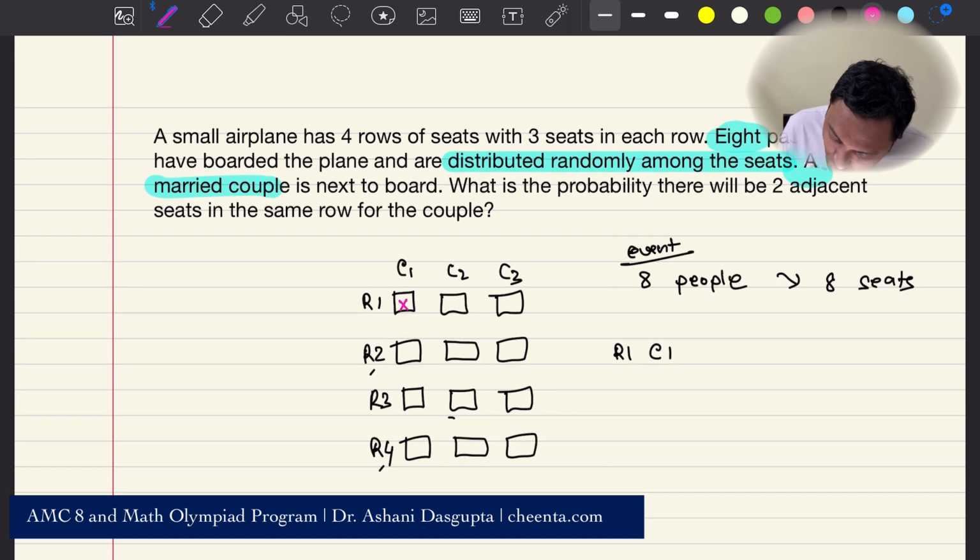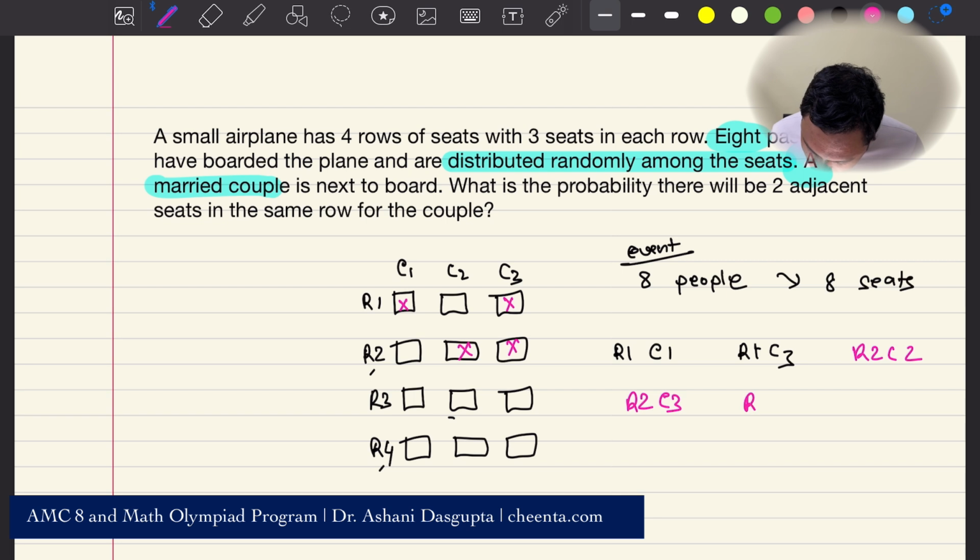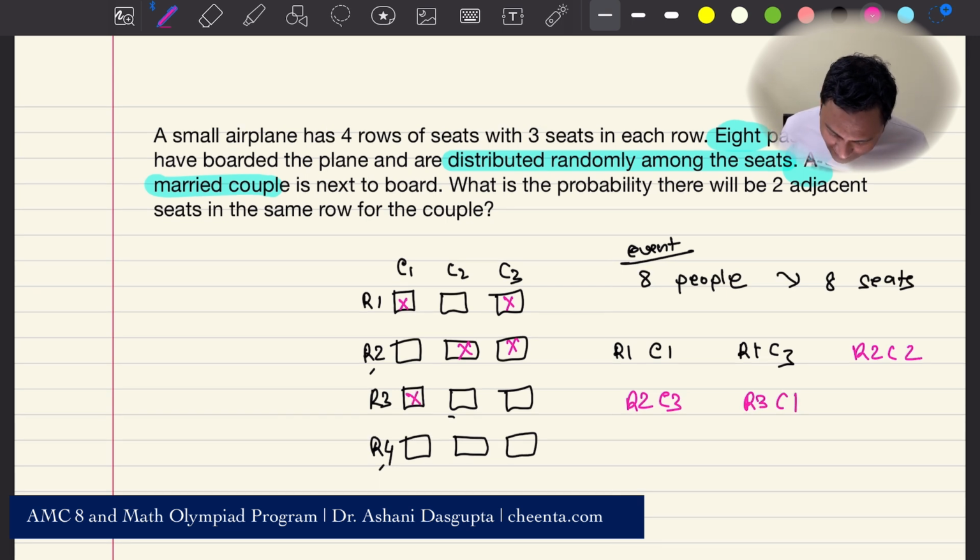Row 1, C3 is occupied. Row 2, C2 is occupied. Row 2, C3 is occupied. So maybe row 3, C1 is there. And then all the 3 seats in row 4 are occupied: row 4, C1, row 4, C2, row 4, C3.